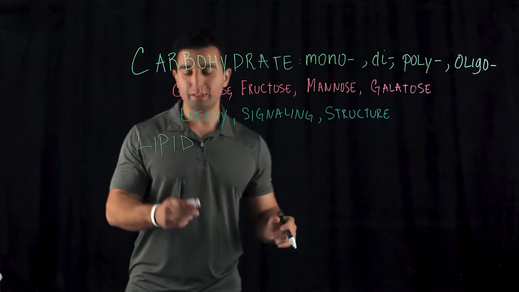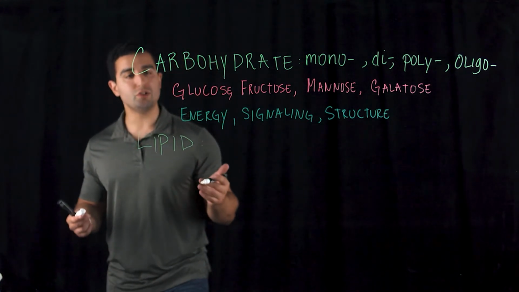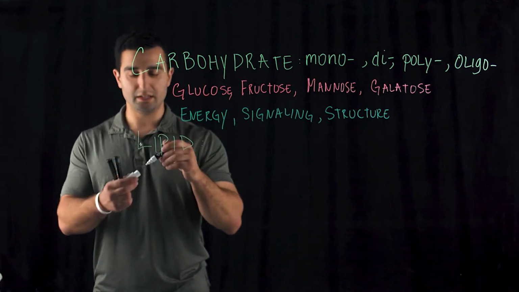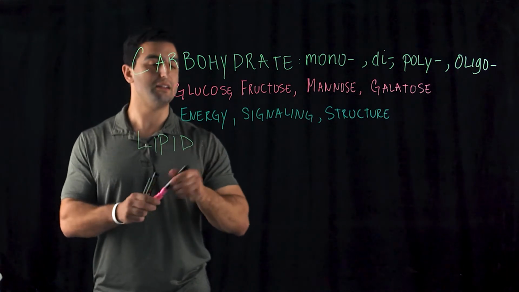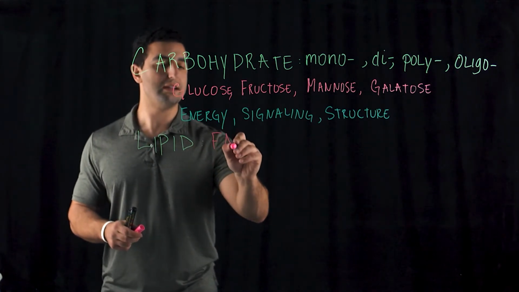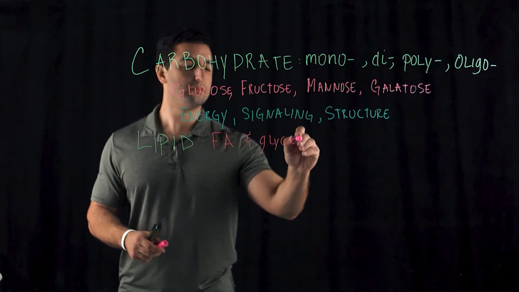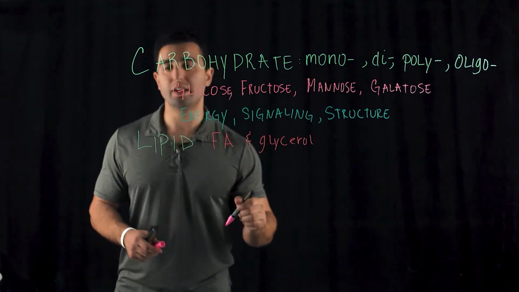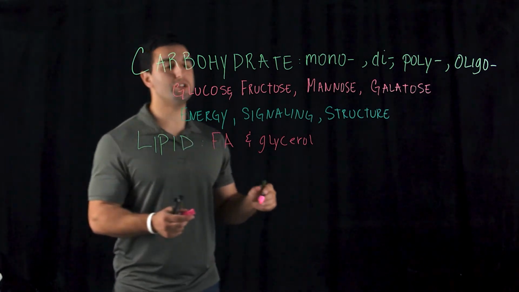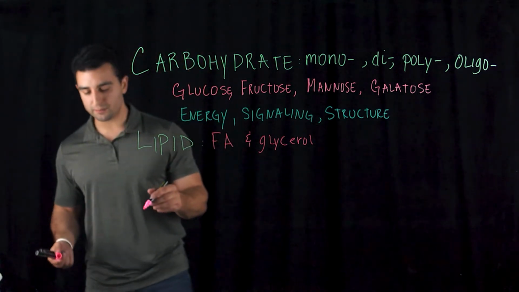What's unique about lipids, what are they made of? The majority of our lipids are made up of metabolites called fatty acids and glycerol. All of our steroid hormones like testosterone, estrogen, progesterone are lipids, if anybody asks.